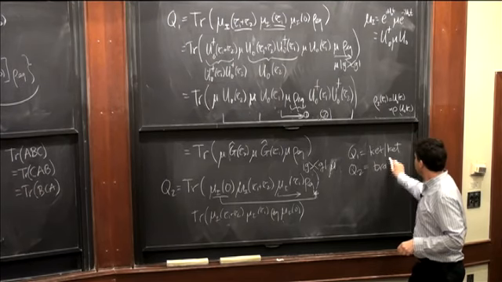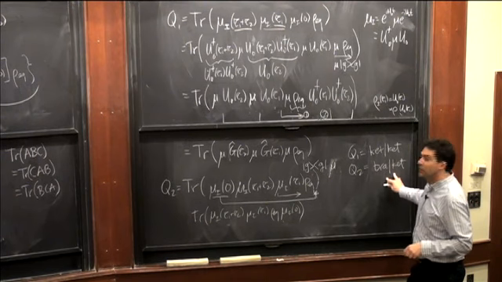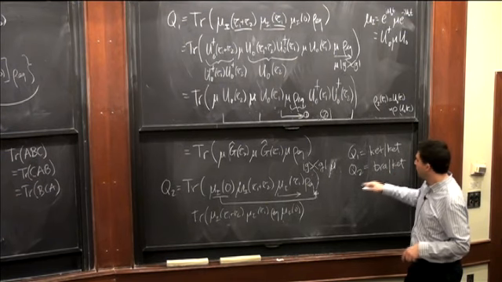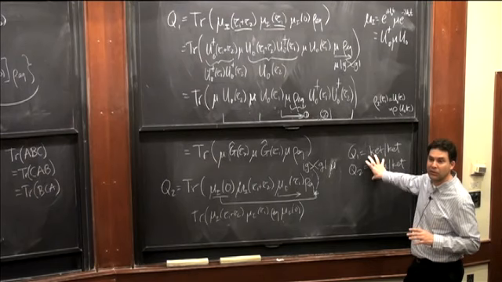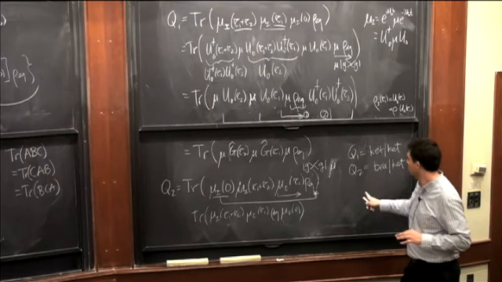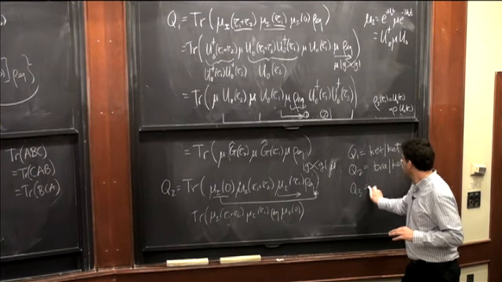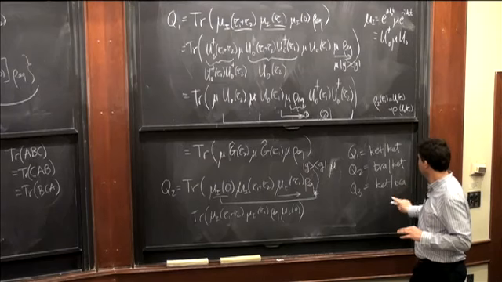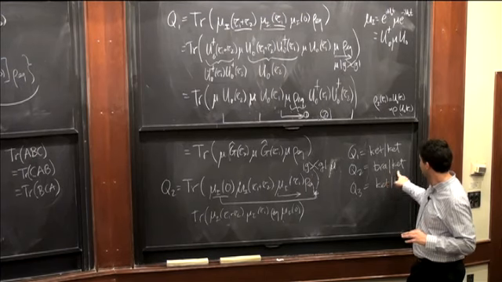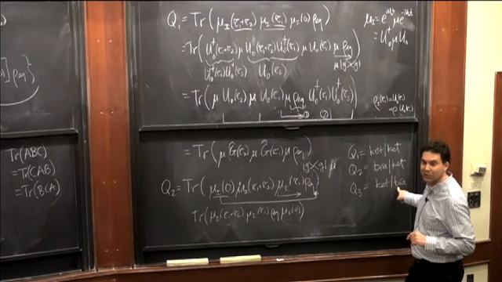Q2 is a bra-ket time ordering. If you write out the other two, you'll find that they are the conjugates of these two correlation functions. So Q3 is going to be a ket-bra, and bra-ket and ket-bra, these are just complex conjugates of one another.